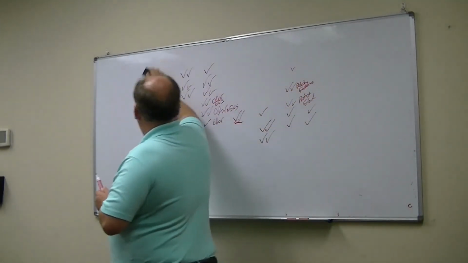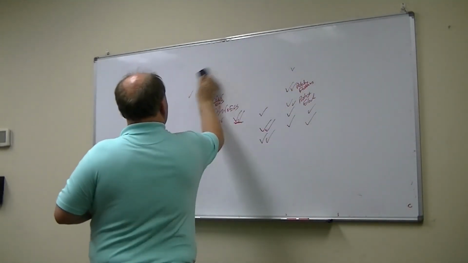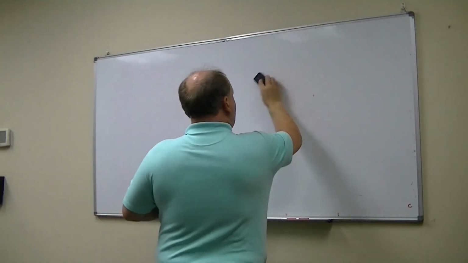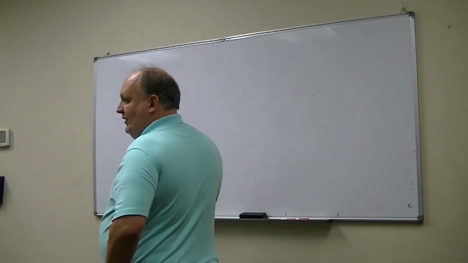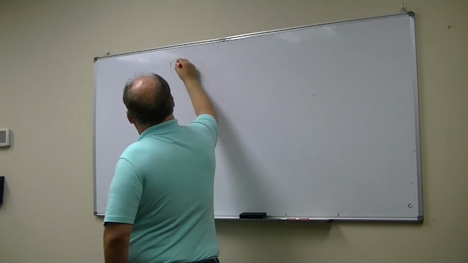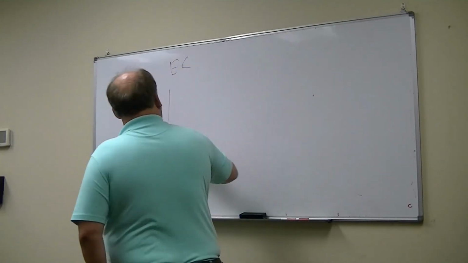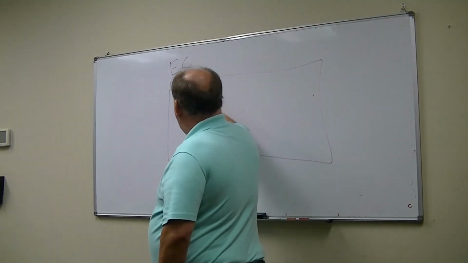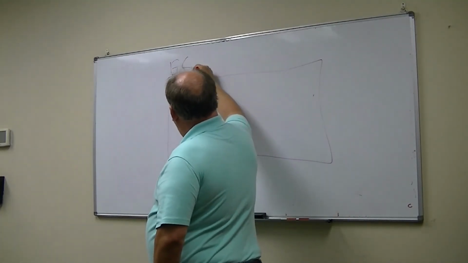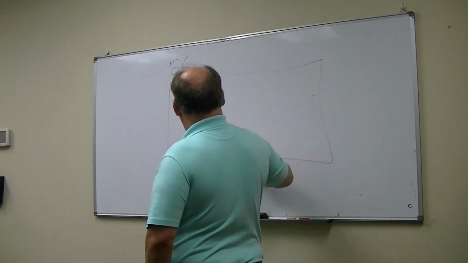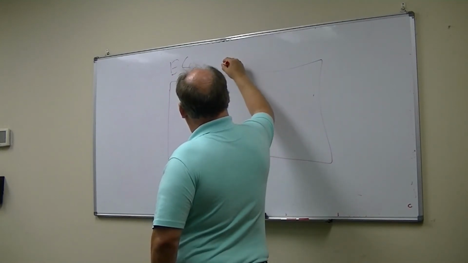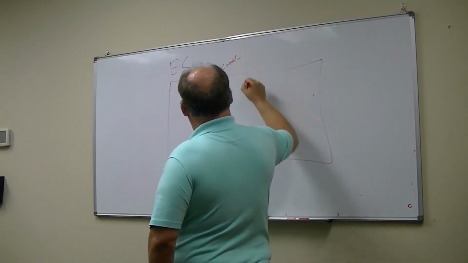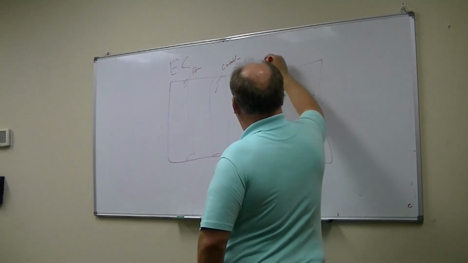Let me go back to the SAH and just talk about the EC units, because we talked about final filters and things. But for an EC unit, remember how I said in an SAH unit you had a pre-filter, and then you had our cassettes, and then you had a final filter, right?